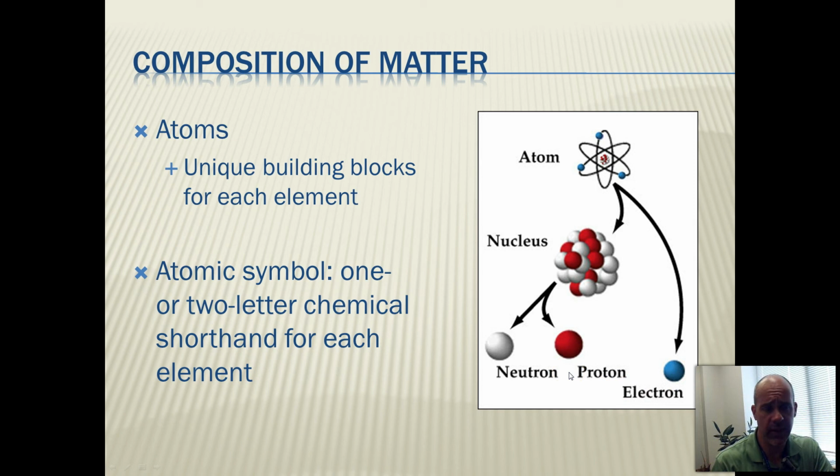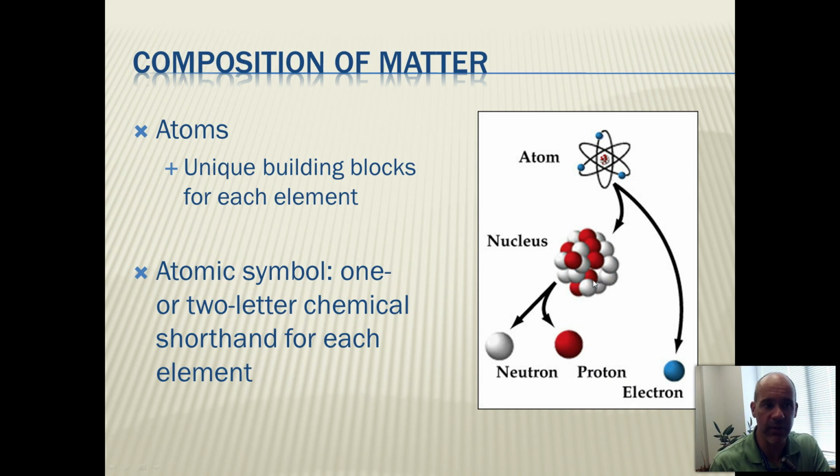So what makes something an element, or an atom of carbon versus an atom of oxygen or an atom of calcium or an atom of magnesium? It really just boils down to the number of neutrons and protons and electrons that you have in an atom, believe it or not. What I mean by that is a proton is a proton. It doesn't matter if that proton is in the nucleus of a carbon atom or a sodium atom.